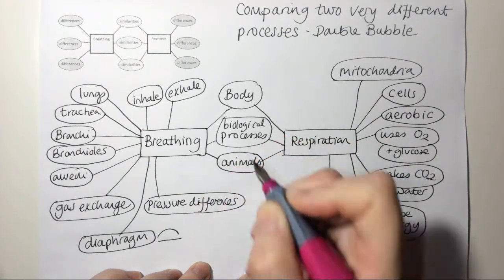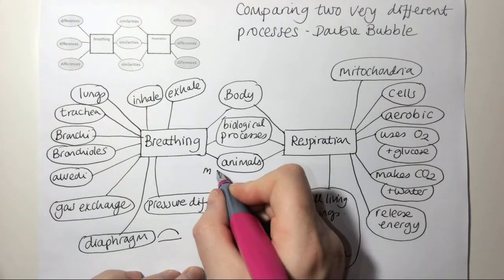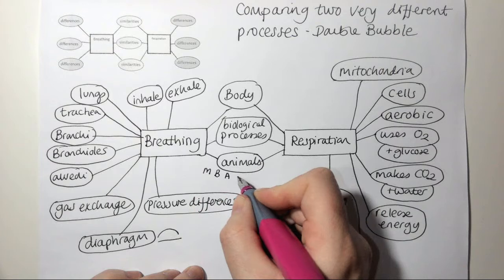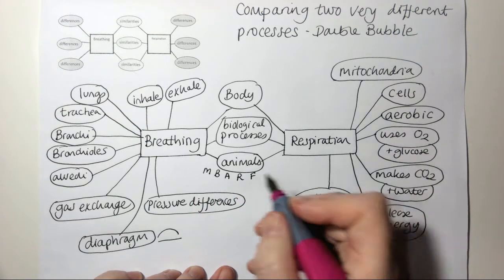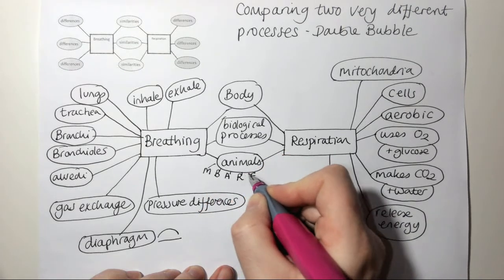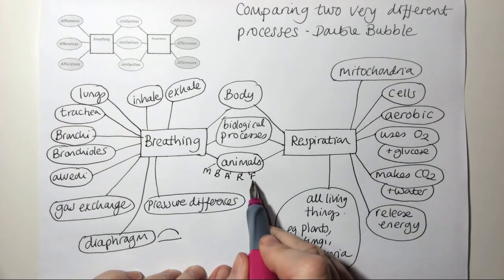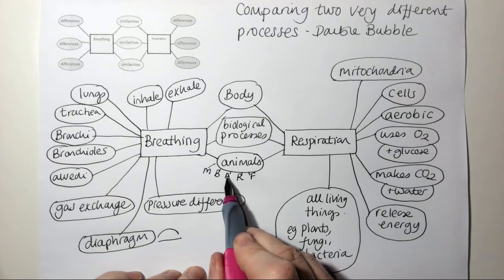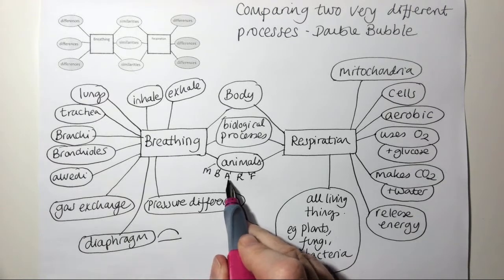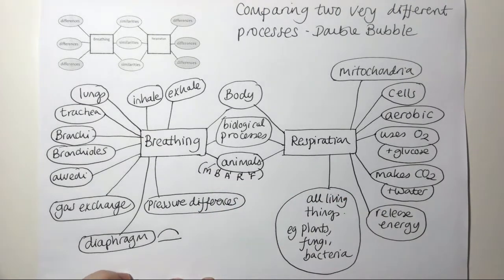Remember, animals is the animal kingdom, so we're talking about mammals, birds, amphibians, reptiles and fish. They are all animals in the animal kingdom, so they all breathe. Obviously we've got fish that have gills, and we've got reptiles that have lungs, and amphibians do take in oxygen through their skin as well as in their lungs, and mammals and birds use lungs. So that's just a little aside.